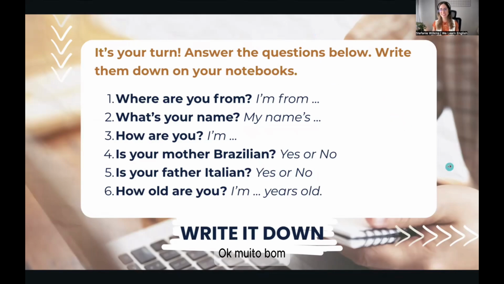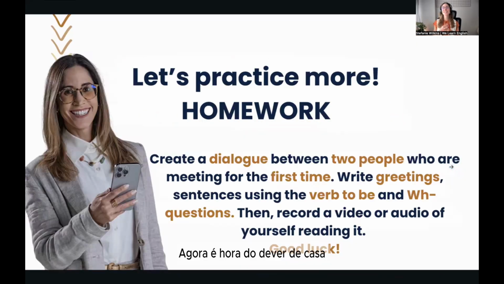Okay, very good. Now it's homework time. I want you to practice a little bit more. So please create a dialogue between two people meeting for the first time. They don't know each other. So write the greetings. Remember, like hi, hello, hey.